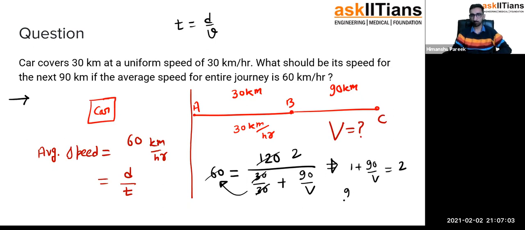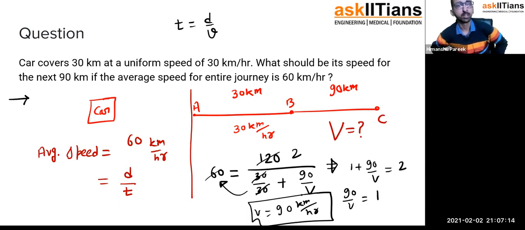So 90 by V will be equal to 1. So V will be equal to 90 kilometers per hour. That's not the average speed, but the speed for the next journey, B to C. Average speed was given here. That's how you solve the questions related to average speed. So the simple thing is total distance upon total time. Always remember.